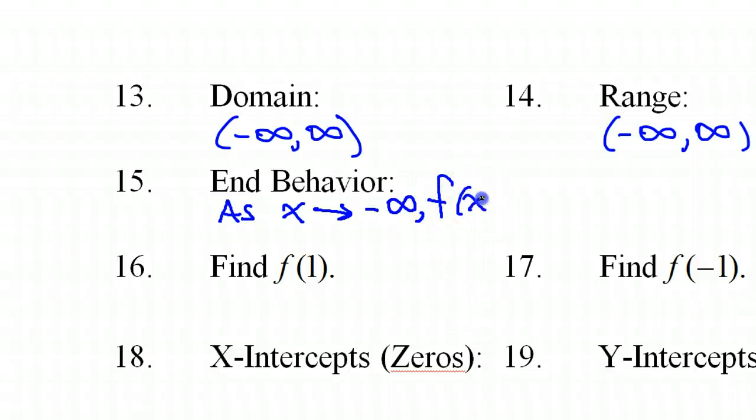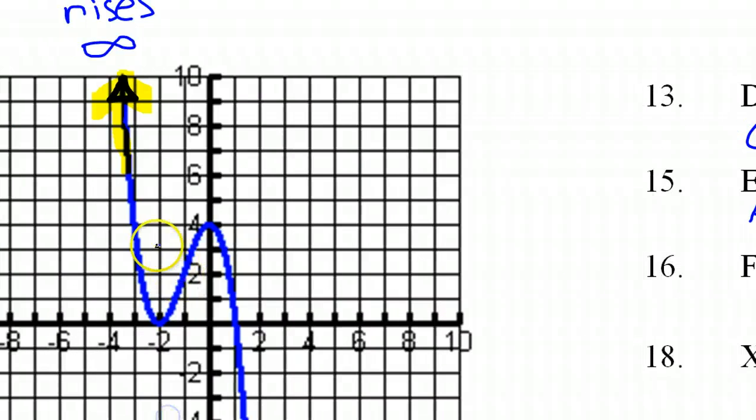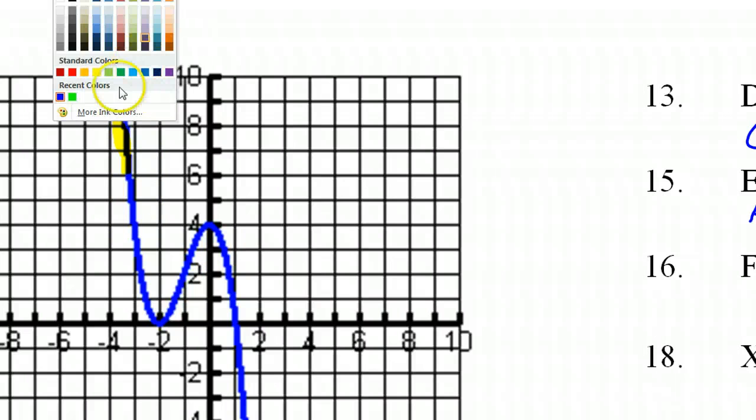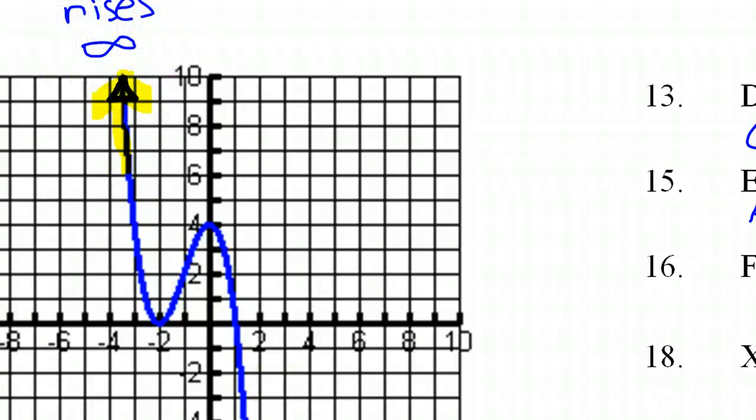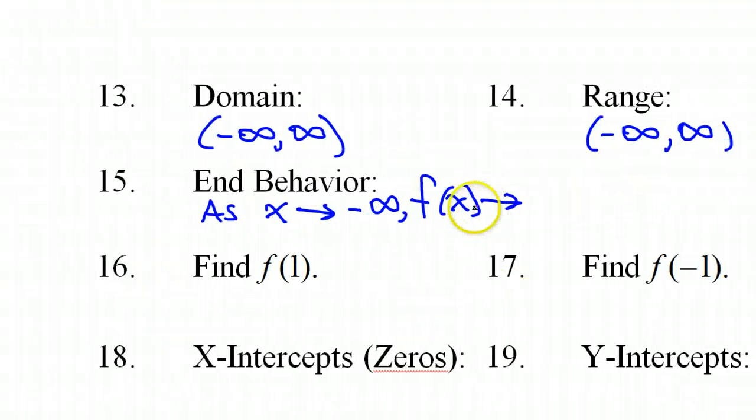Now, what we just saw was as we go to the left, the graph approaches infinity. It goes up forever. So we'll just finish this off with infinity: f of x approaches infinity. And again, this is a fancy way of saying as we go to the left, the function heads to infinity.